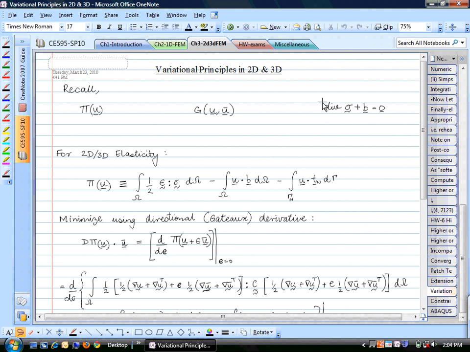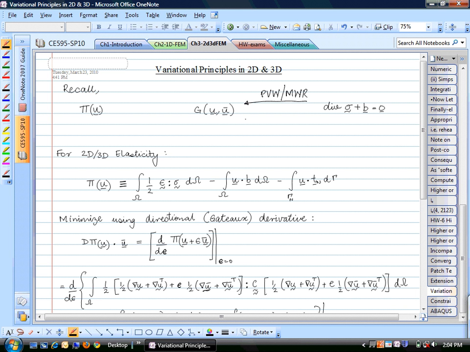What procedure did we use to go from here to here? This is the weak form. How did we go? I mean, we just talked about that, but what is that procedure called? Principle of virtual work or method of weighted residuals, right?